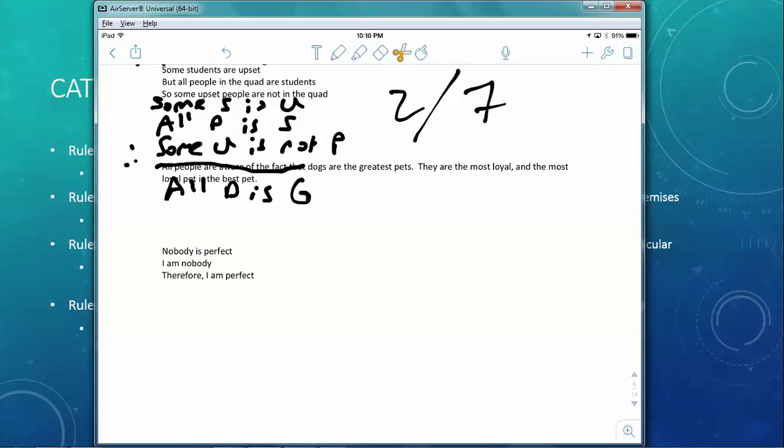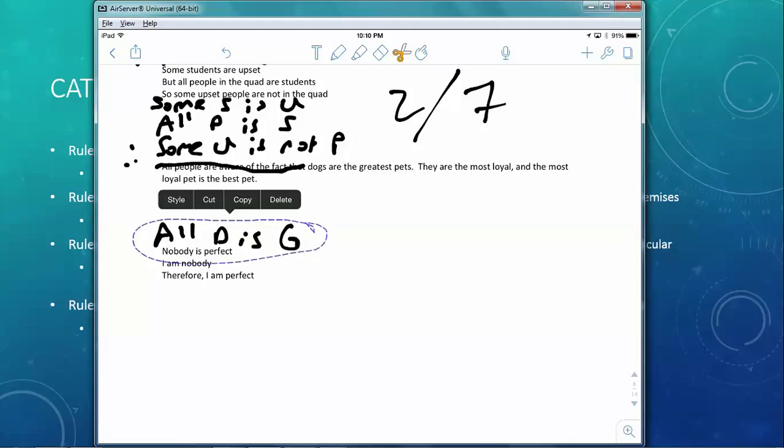This first statement is actually the conclusion, and here's why. They are the most loyal, and the most loyal pet is the best pet. So you're getting the reasons for why dogs are the greatest pets, right? If you're getting the reason, those are the premises. The thing that you're given the reasons for is the conclusion.